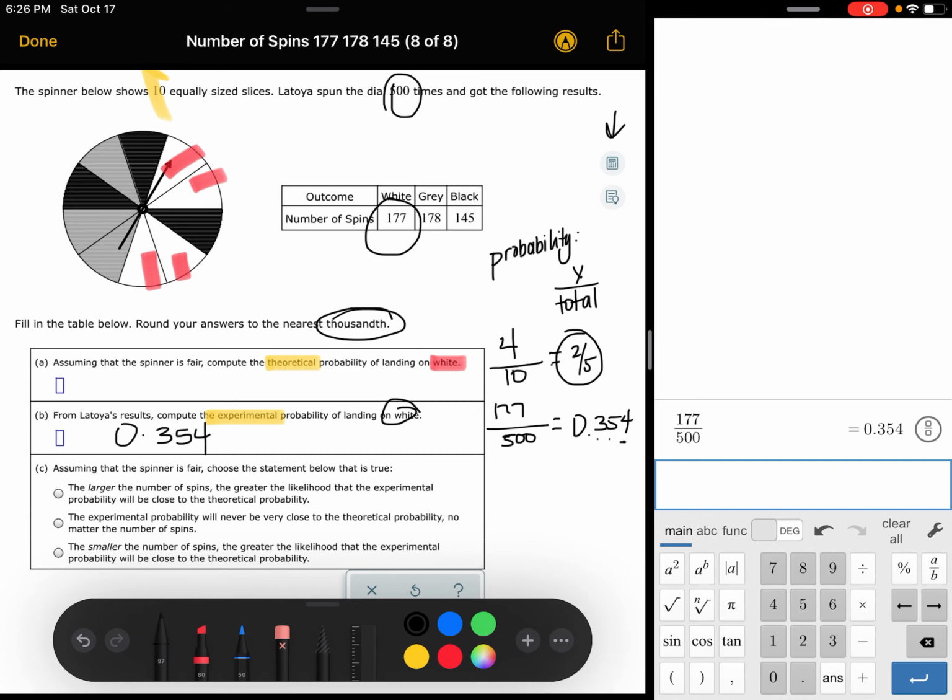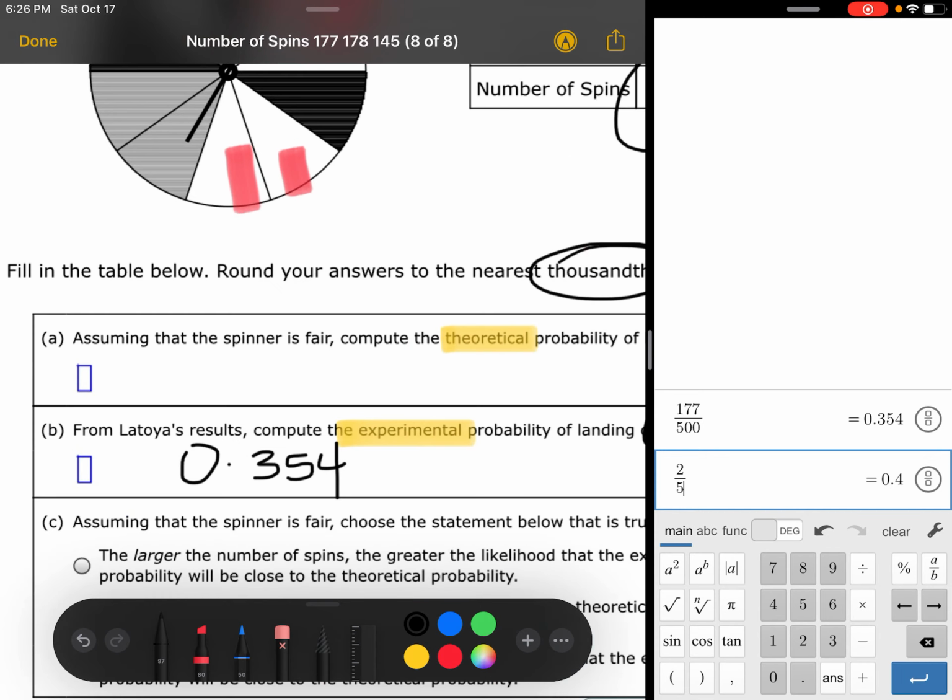I'm also just really quickly going to go and put 2/5 in. I knew it was 0.4, but that's not the point. I think it does want all of your answers in decimal. So if it doesn't let you put a fraction, it'll let you know. Just know that you can put that in your calculator right there, and it'll tell you what your answer is. So 0.4.